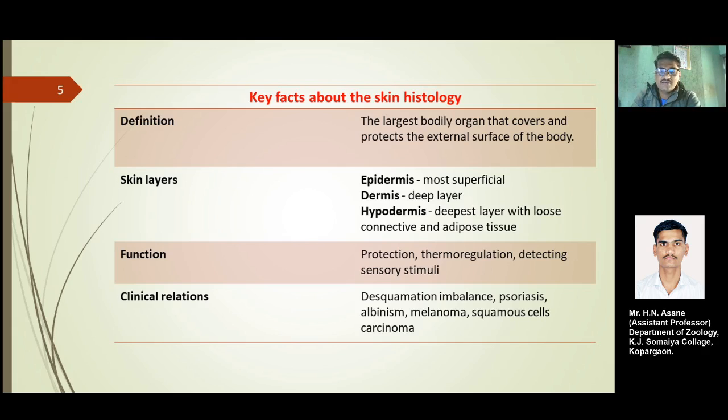Also psoriasis, albinism, and melanoma. These are some diseases that happen because of an imbalance of the constituents embedded or located in the skin. Melanoma and squamous cell carcinoma are cancers, and these are some clinical relations with the skin.